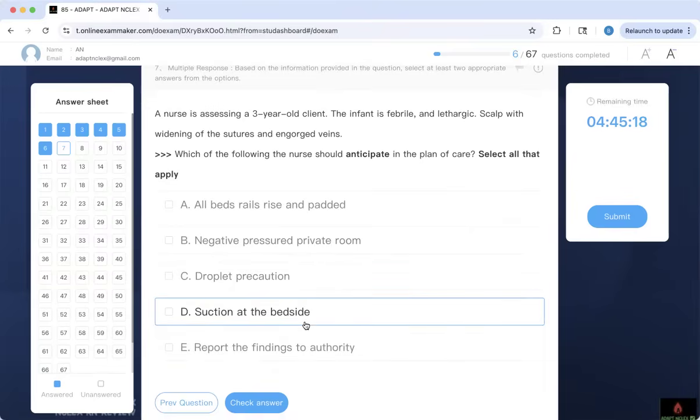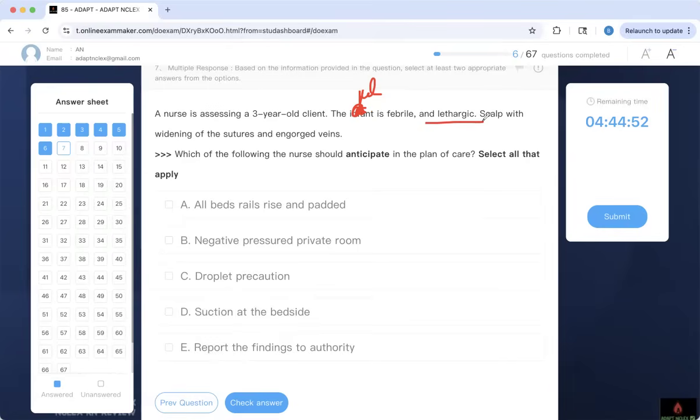This is the classic question. They may not tell you what it is. It's a PED question. It's also infection control. Look at it carefully. A nurse is assessing a 3-year-old client, okay? The kid is febrile and lethargic.